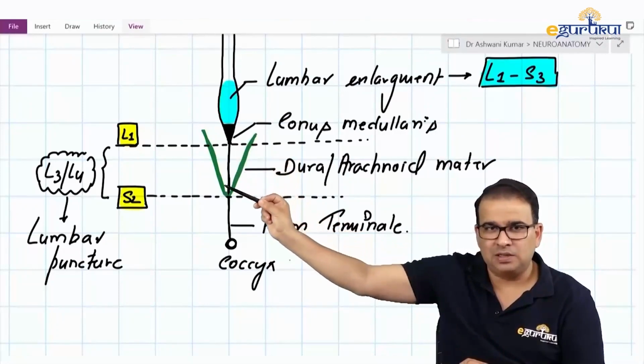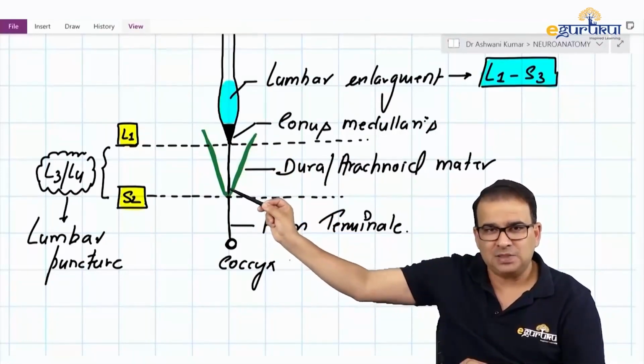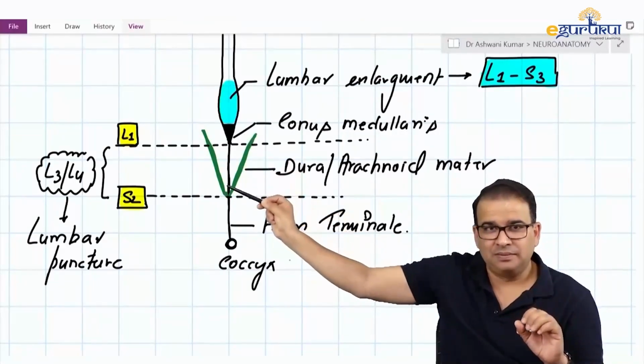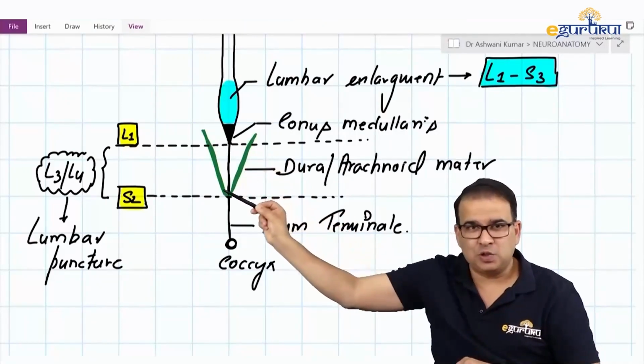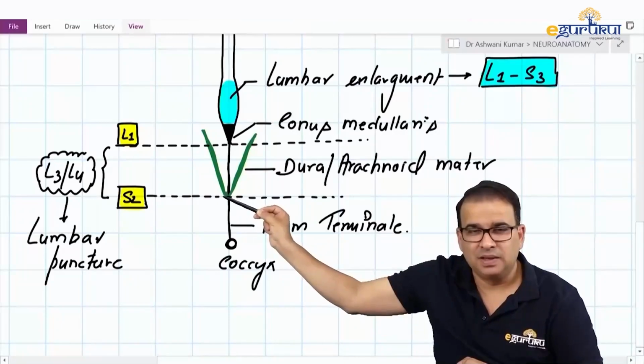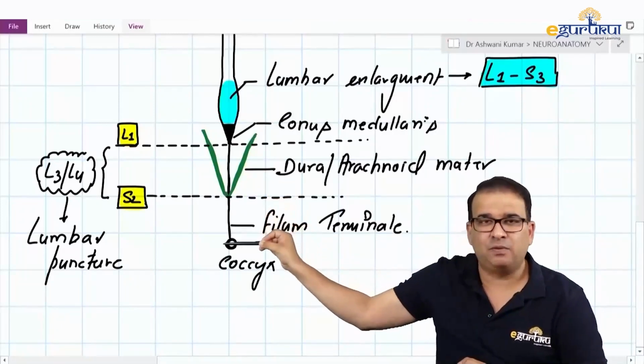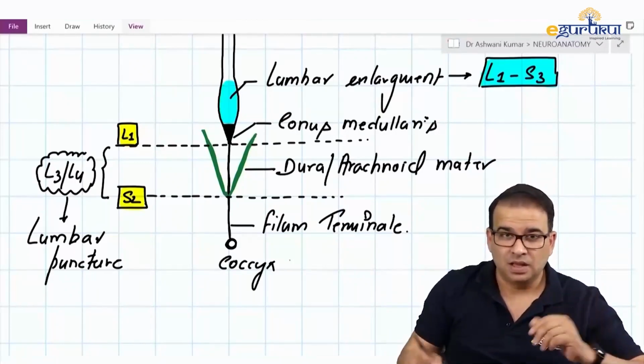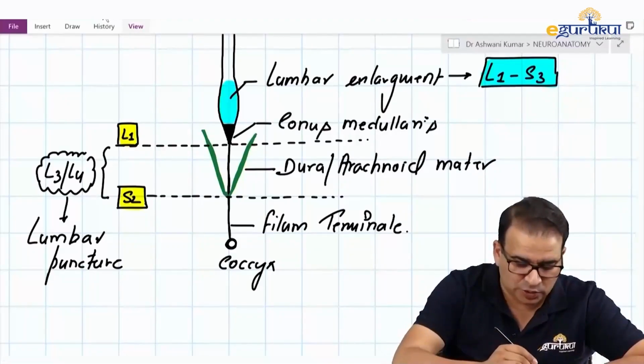So I can say filum terminale is made up of pia mater, true, but the pia mater extends only from this point till this point here, because at this point all three meninges finish. Pia mater comes till here, dura and arachnoid mater also come till here, and they all fuse with each other and give this extension further, and that is called filum terminale externum. So I can divide the filum terminale into two parts.